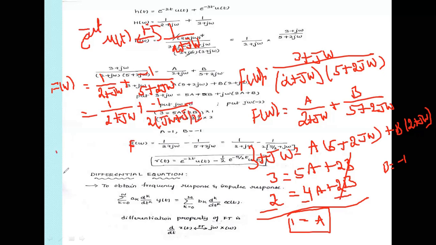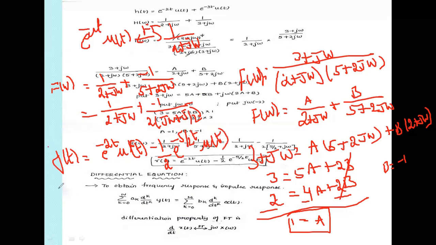Now we can apply the inverse Fourier transformation. F of t is equal to e power minus 2t mu of t minus 1 by 2 into e power minus 5 by 2 into t mu of t.